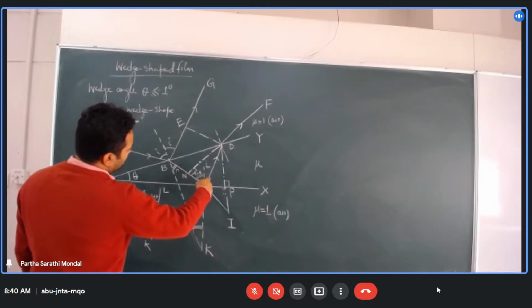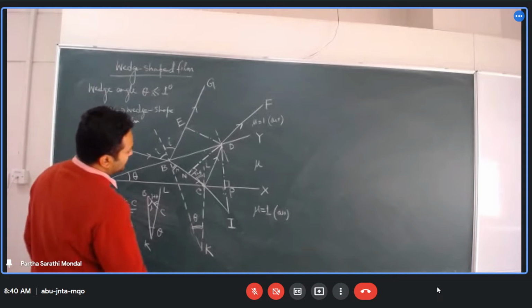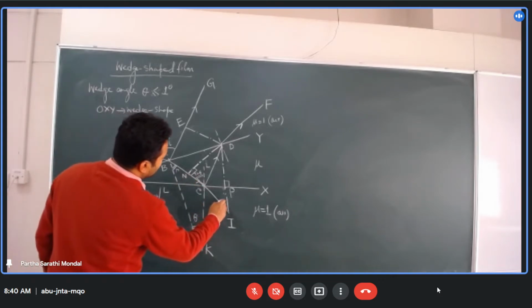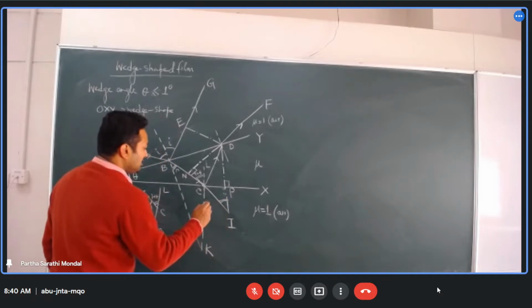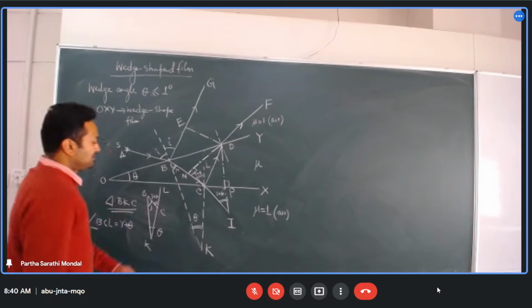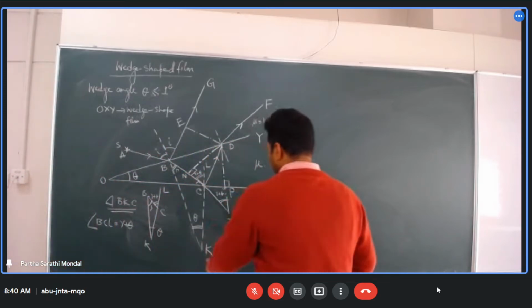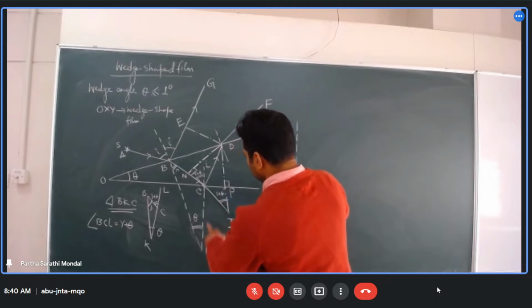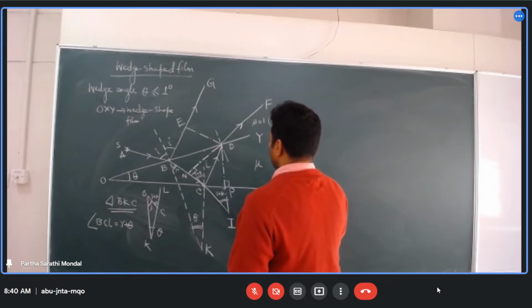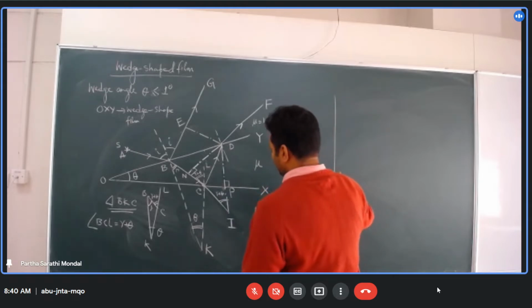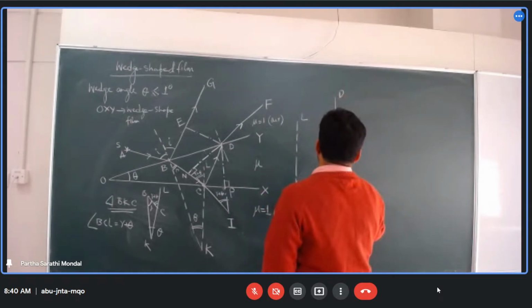So they are actually similar angles. So this angle will also be r plus theta. This is your dotted line LK, and this is another dotted line, which is your DI.